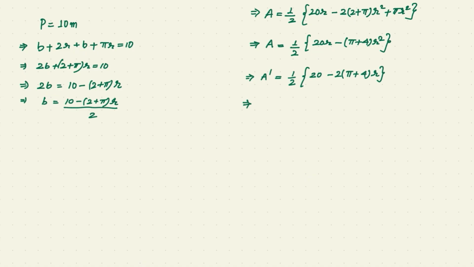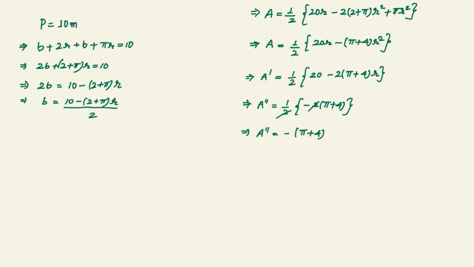Again differentiating, I will get A double dash equals half into minus 2 into (pi plus 4), and here 2 and 2 got cancelled, so I'll have A double dash as minus (pi plus 4).